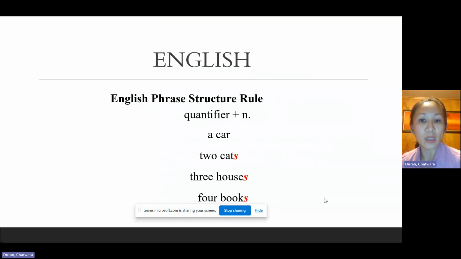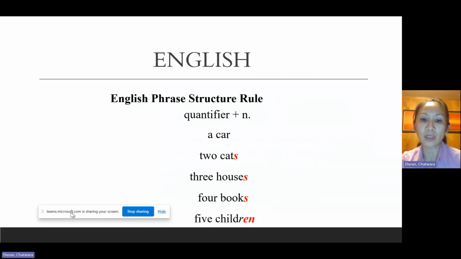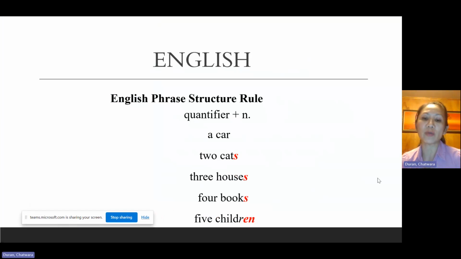Then you have the word book. You have four books. Four comes before the noun, which is the quantifier, a pre-nominal quantifier or modifier of the word book. And not just that, it's not complete. You need to put S as a plural marker. Now, the phrase five children, you have the word child.